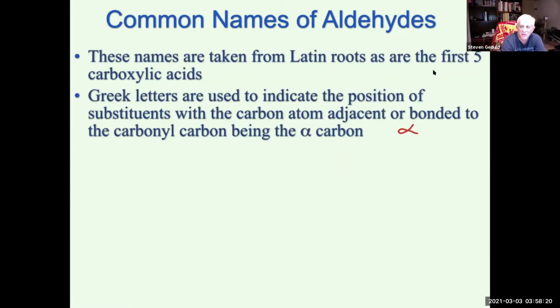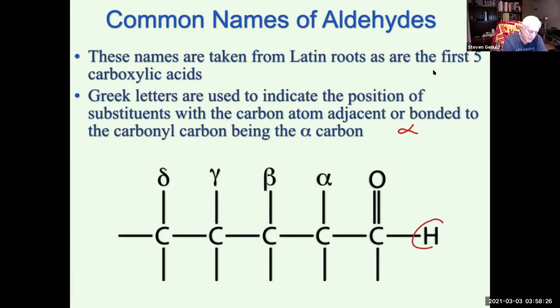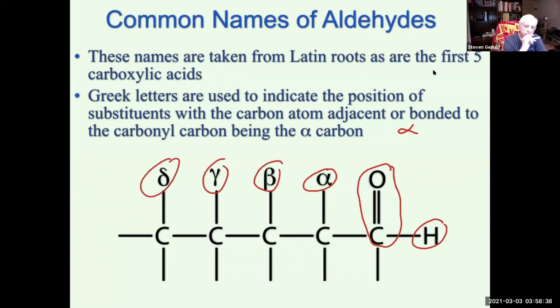So this is your aldehyde. The first carbon past the carbonyl carbon is alpha, beta, gamma, delta. They just use the Greek letters to indicate the position of the carbon atom.